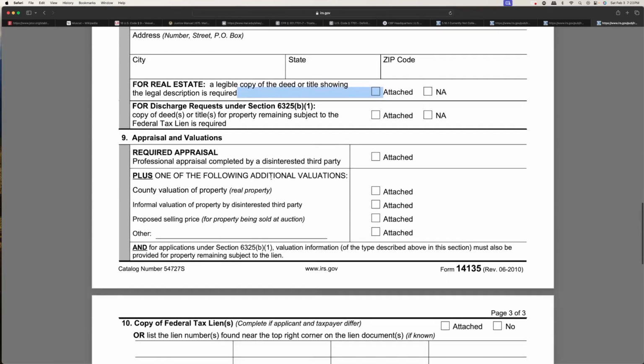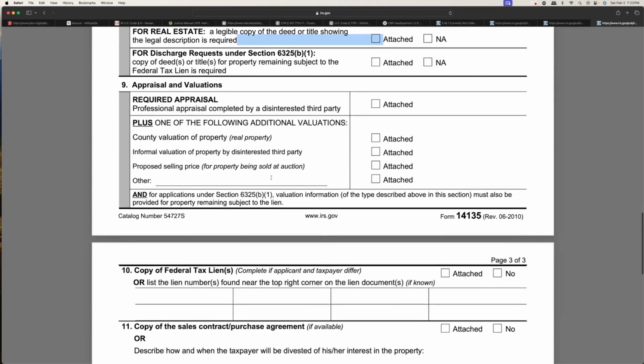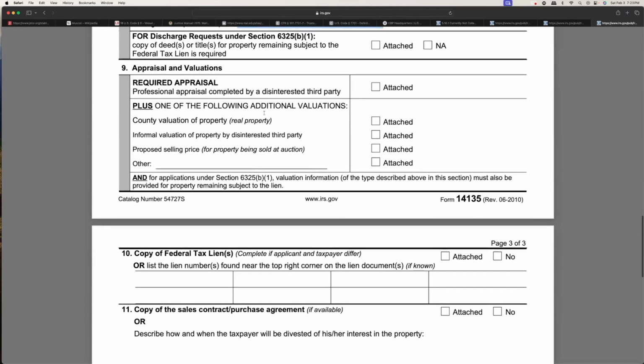Appraisal, that does not apply, not doing any of that. Plus one of the following additional valuations, county valuation of property, real property. You can just pull out your recent tax statement on the property. That'll show you the current valuation that they've deemed it to be.